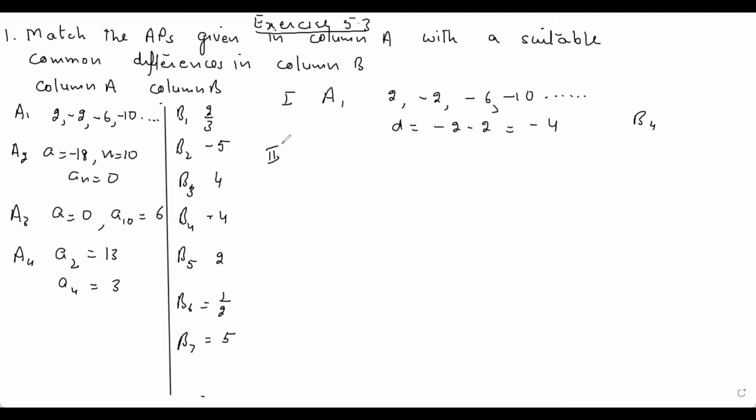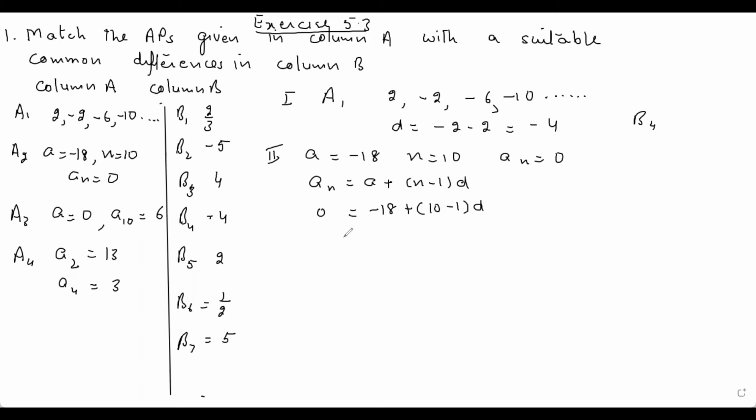Its second part is, a is equal to -18, n is equal to 10, an is equal to 0. Write the formula for an: a plus (n minus 1)d. Now an is 0, a is -18, and n is 10, minus 1, d.